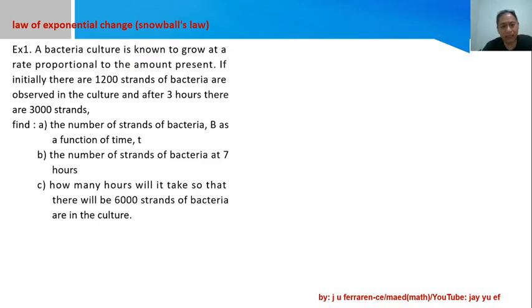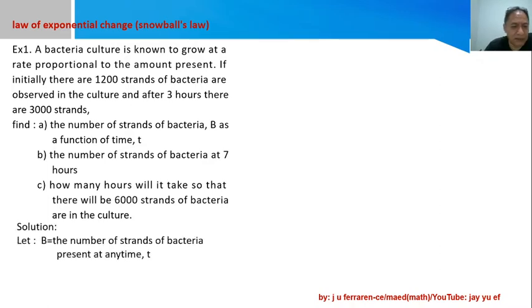Find the number of strands of bacteria, represented with B, as a function of time. The number of strands of bacteria at 7 hours. Then how many hours will it take so that there will be 6,000 strands of bacteria in the culture? Okay? Now, solution.